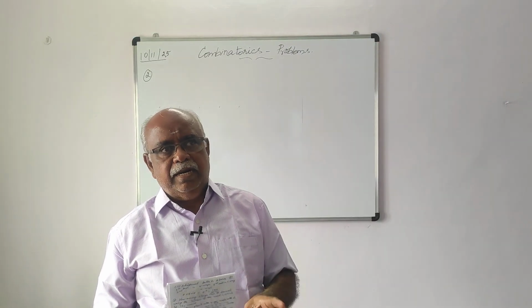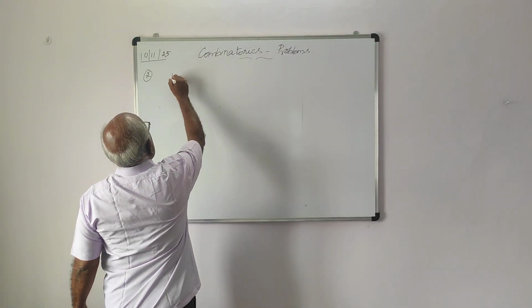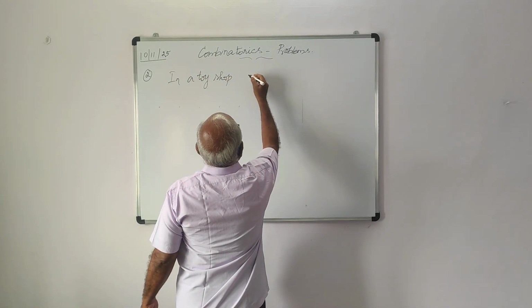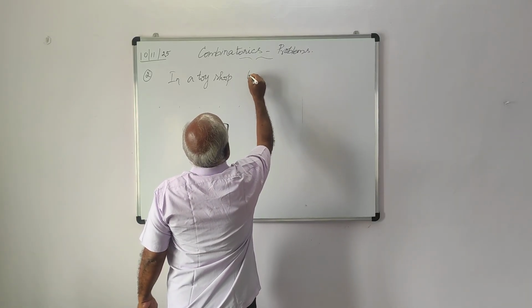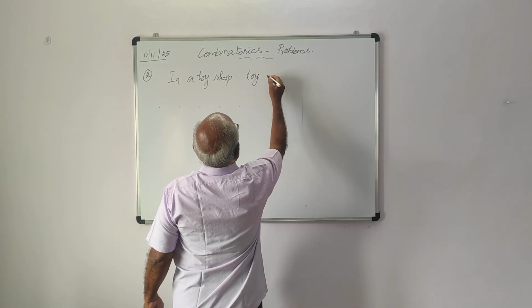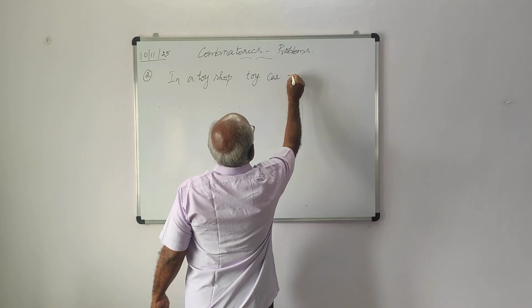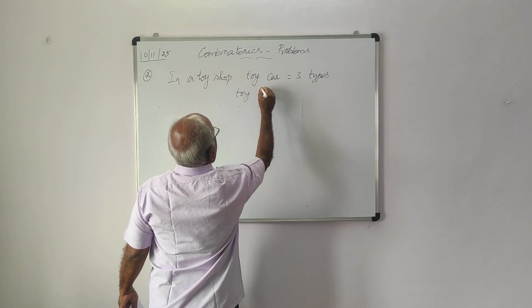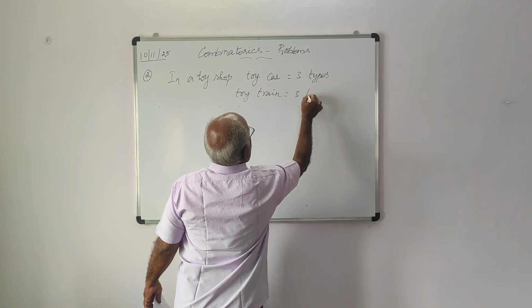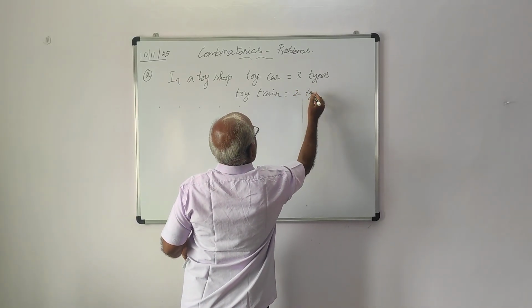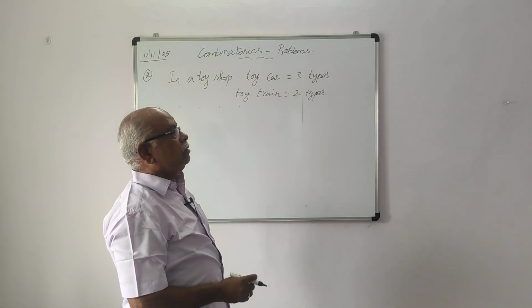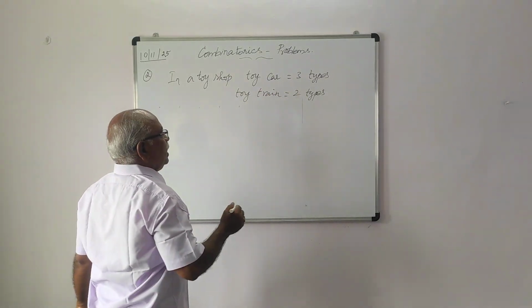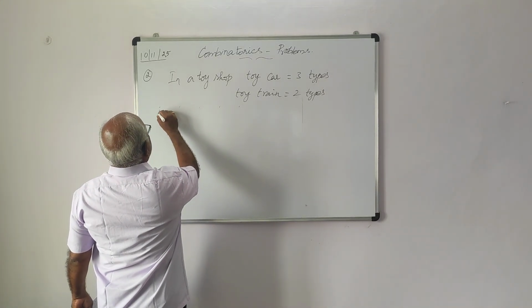And here the conjunction is "and". In how many ways can the baby buy them?